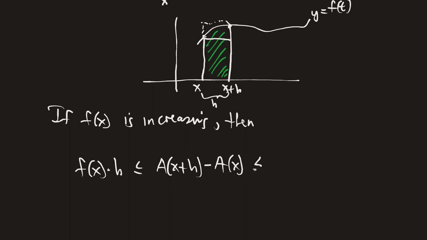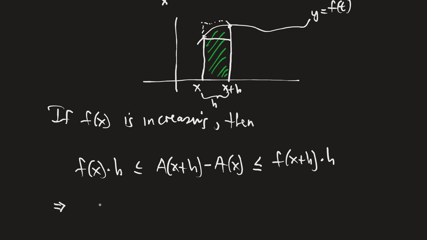So then that's less than or equal to f of x plus h times h, right? So we have this inequality, and since h is greater than 0, I can divide this inequality by h, and I don't have to change the symbols.